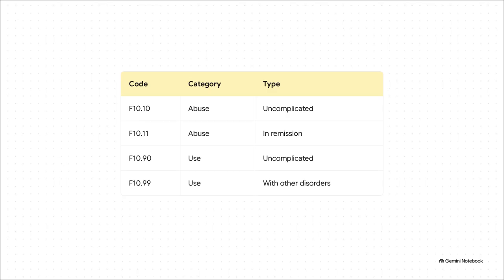F10.90 is your uncomplicated use, while F10.99 is for use with other alcohol-induced disorders. A really prime example of this would be a severe neurological manifestation like alcoholic polyneuropathy. That's coded as G62.1. This is where a patient is dealing with symmetrical sensory and motor peripheral nerve dysfunction. We're talking demyelination, numbness, tingling, and really chronic gait instability.